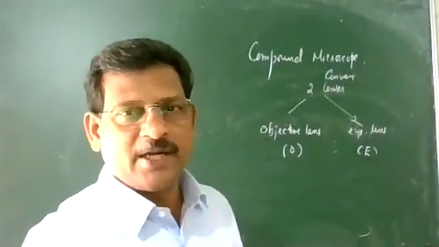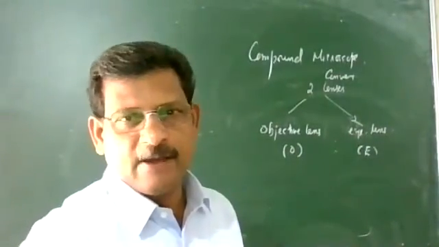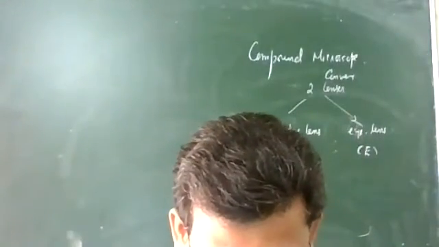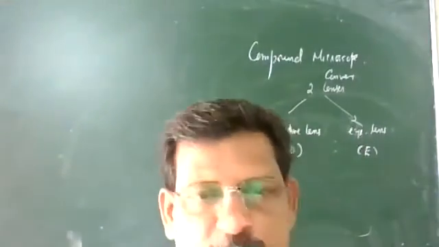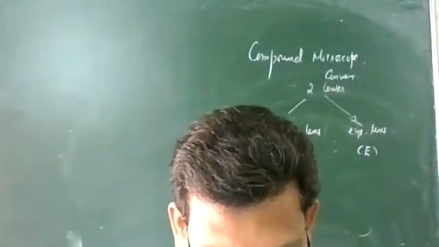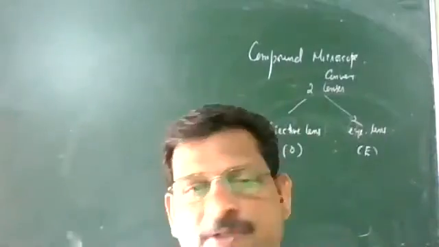Some speciality of the focal length and size: the objective lens has a very small focal length and a small aperture, whereas the eyepiece has a moderate focal length and a large aperture.